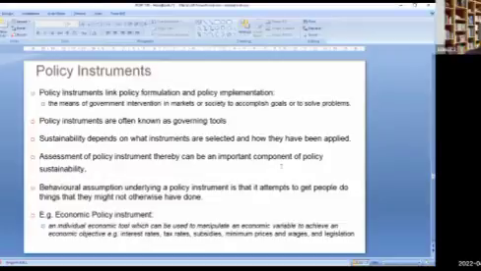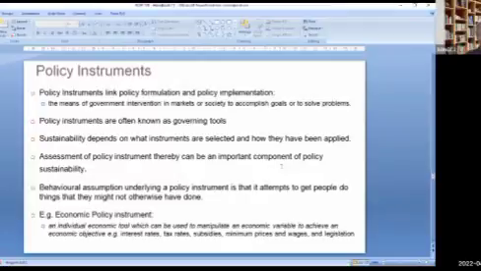So for example, economic policy instrument. This is an individual economic tool that can be used to manipulate an economic variable to achieve an economic objective. For example, we have interest rates, tax rates, subsidies, minimum price and wages, and legislation.